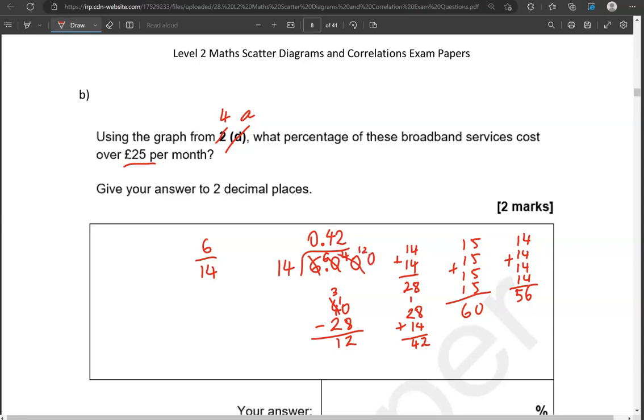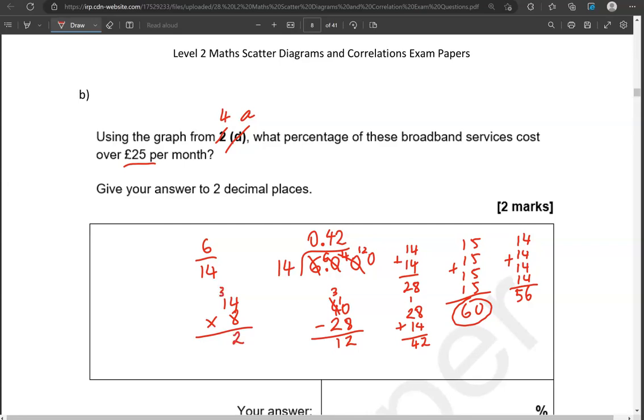How many 14s into 120? You'll remember that 4 lots of 14 fit into 60. So it must be 8, so double. So 14 times 8. 4 lots of 8 gives us 32.